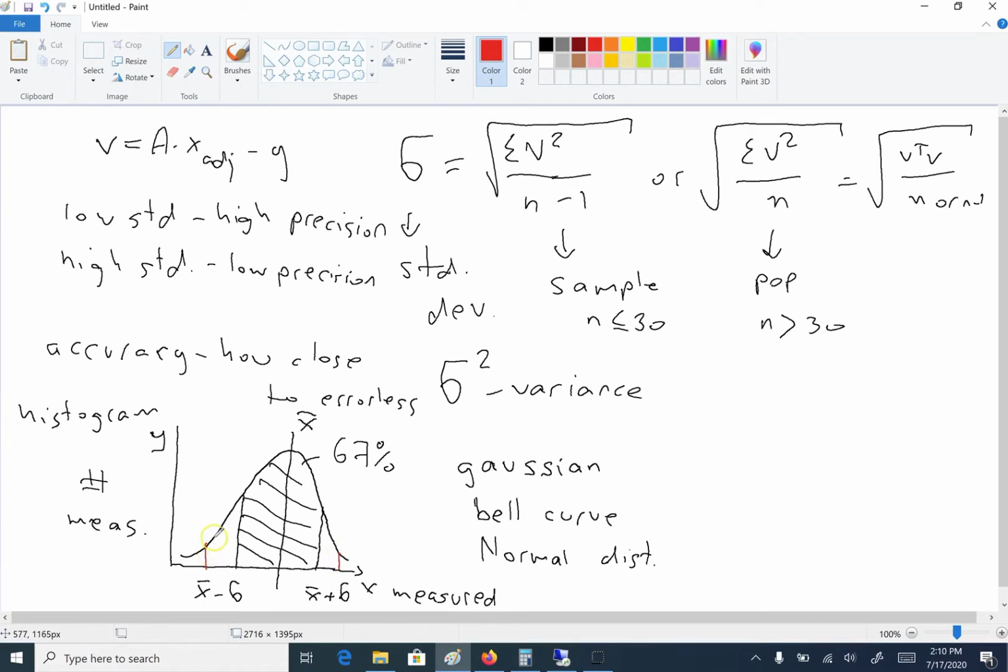The 2 sigma range, this is minus, so the 2 sigma range covers about 95% of the data.